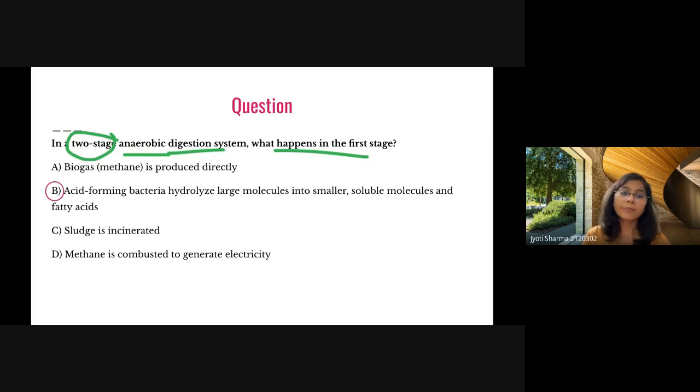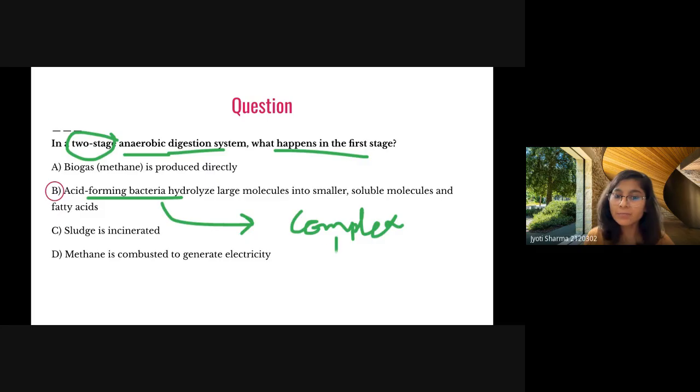So what is happening if it is a two stage process? First we have acid forming bacteria. For the first stage we have complex organic material, a complex molecule, that will be broken down into simpler ones, and then it will give you the methane-like conditions, the gases, for example methane.